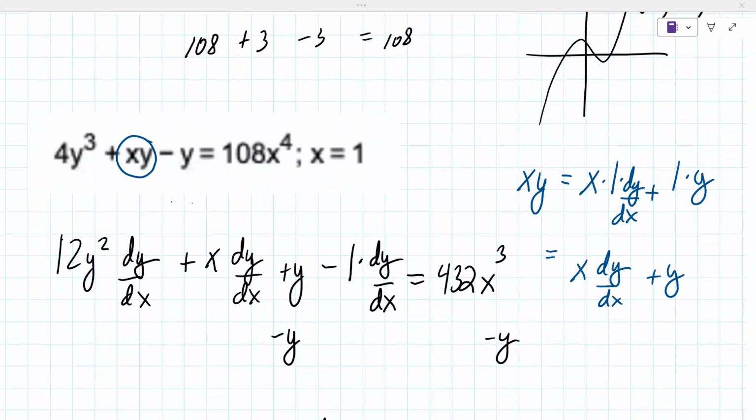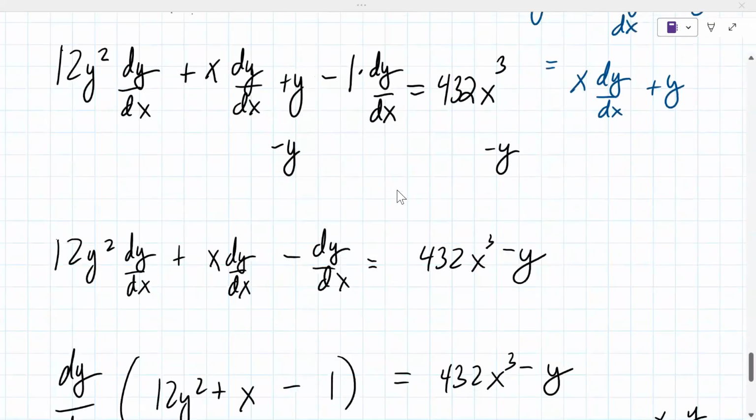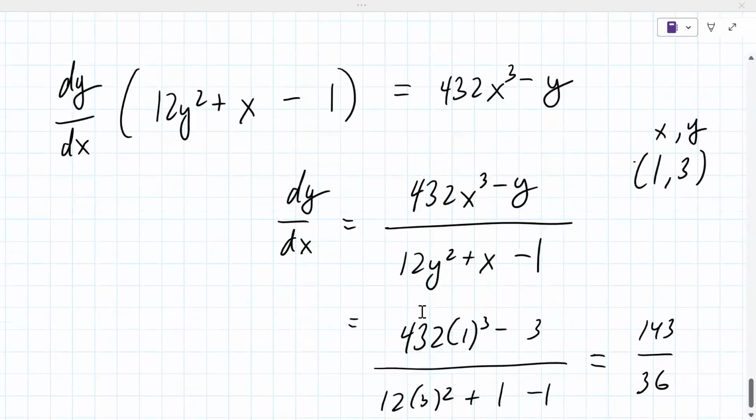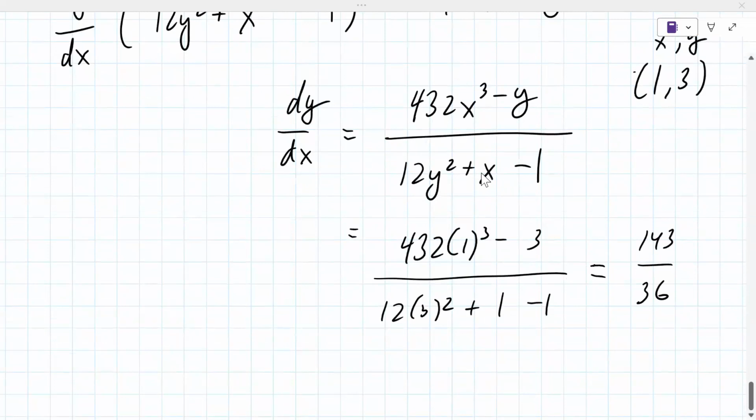Let me just double check that this is right. Yeah. Okay, this is correct.